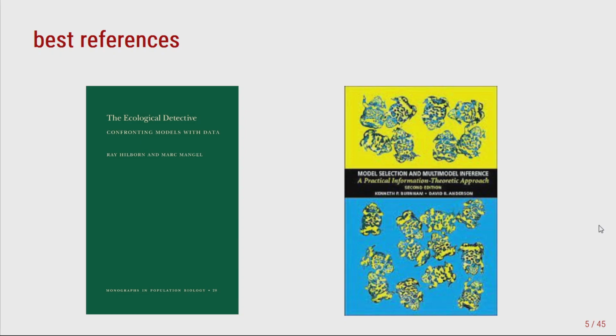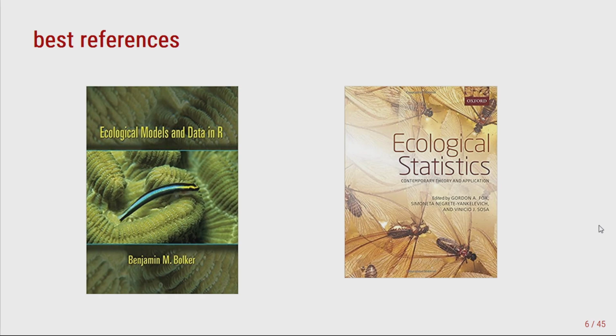The other one is from Burnham and Anderson, and this is a super nice overview of model selection and multi-model inference, how we can confront multiple hypotheses. Those are great references for connecting hypotheses with statistical modeling.